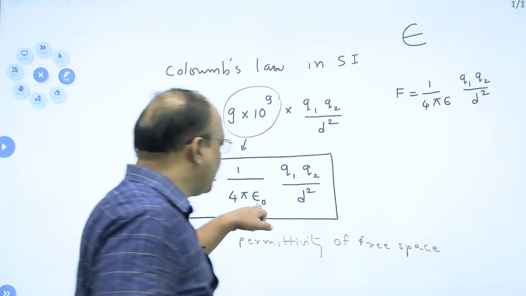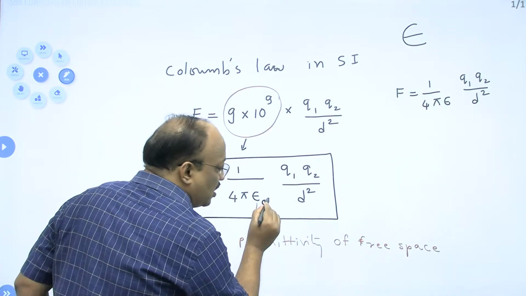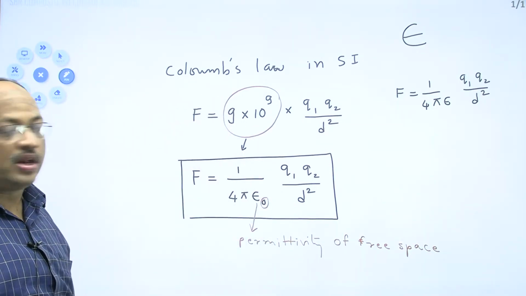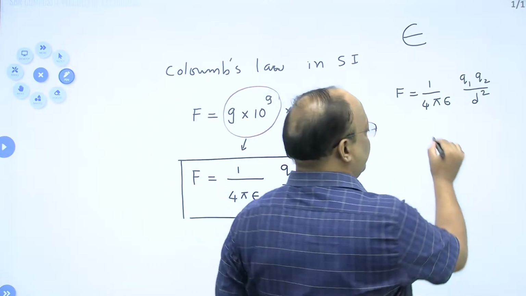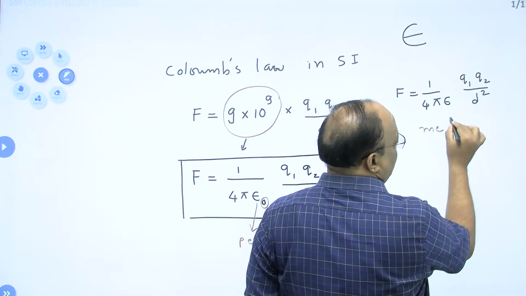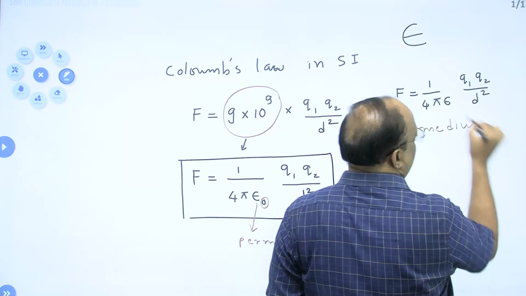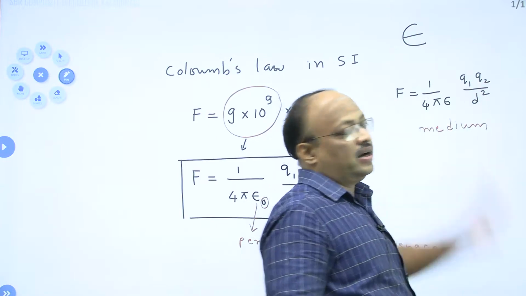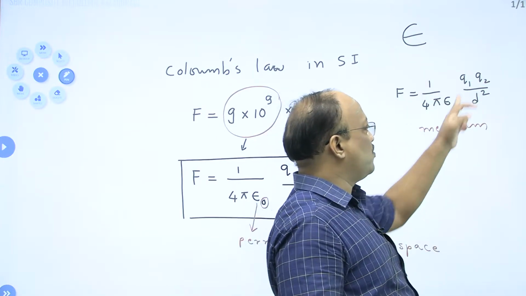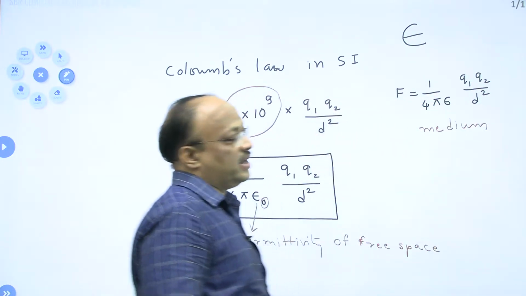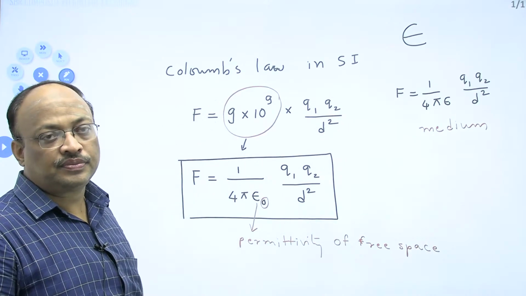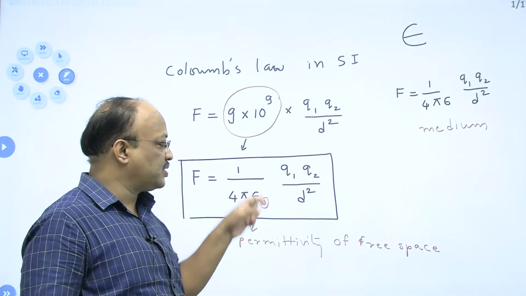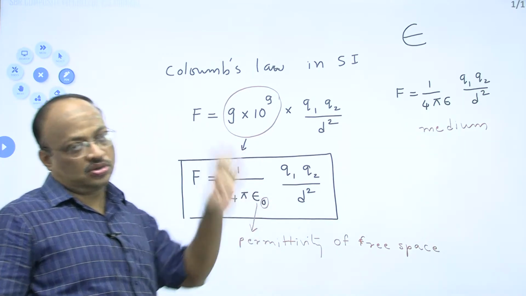If it is vacuum, we use the suffix 0, epsilon naught. If it is any other medium, then we use 1 by 4 pi epsilon q1 q2 by d square. If it is free space, it is epsilon naught.